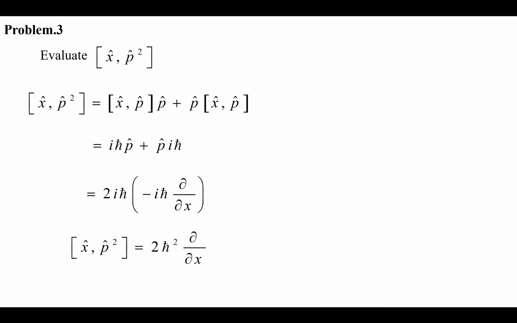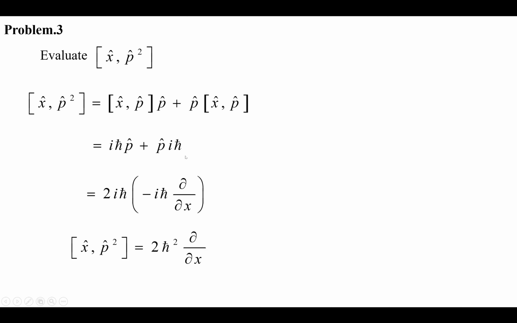Now we'll go for problem number 3. Evaluate [x, p²]. So [x, p²] can be written in expansion form as [x, p]p plus p[x, p]. Of course we know the answer for the commutation [x, p] is nothing but iħ. So substituting [x, p] as iħ, times p, plus p operator is there, and instead of [x, p] you can substitute iħ again.